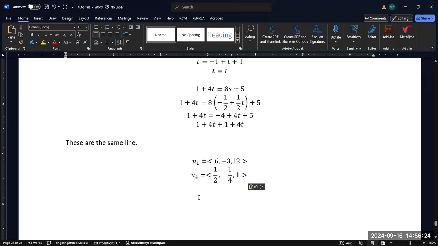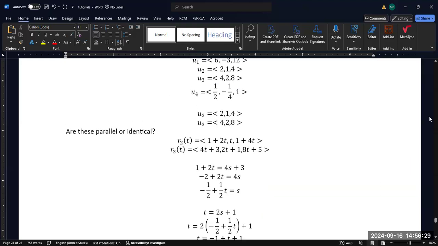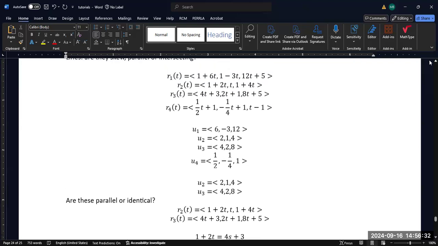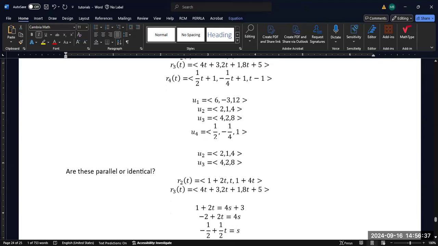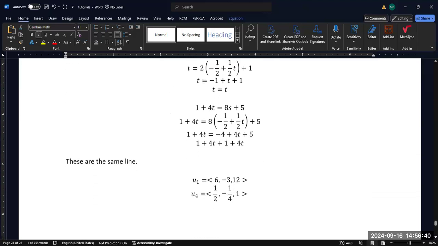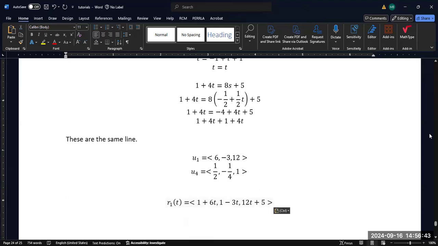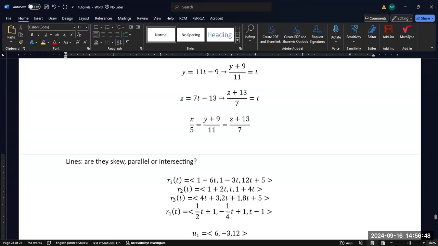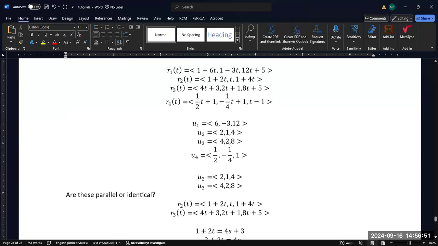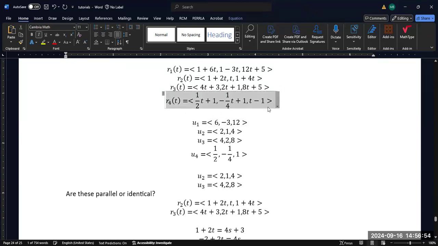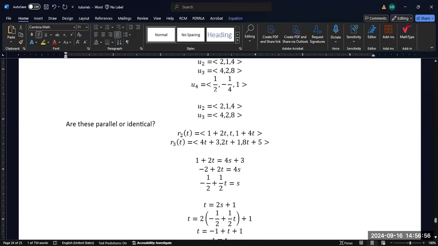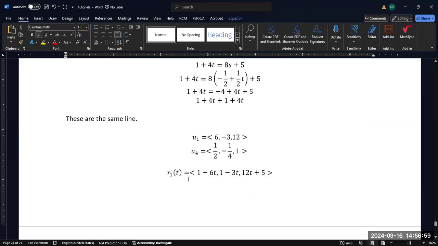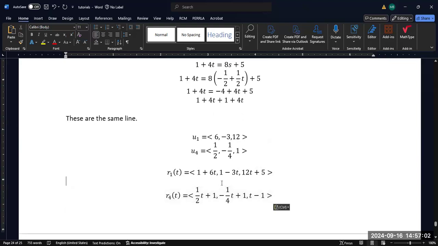So we can run through the same thing that we did before to see if we can come up with a relationship between the parameters, or whether there's going to be a contradiction at some point. If there's a contradiction where they're not passing through identical sets of parameters, that means they're not passing through the same set of points, and therefore they're going to be parallel lines.